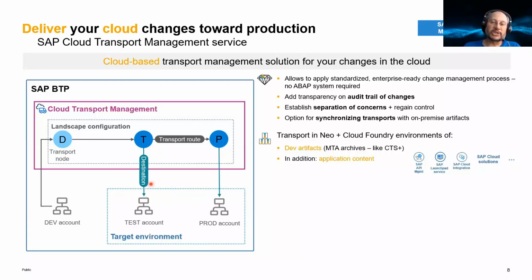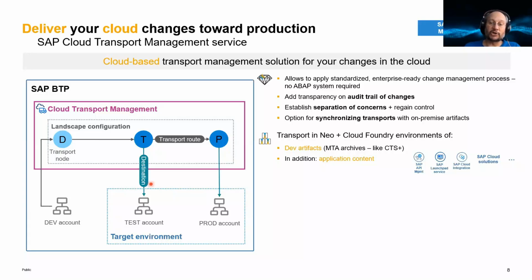We have the role concept, so that we can have a separation of concerns, not so relevant in our example here. And that's, I think, quite important. We have the option to synchronize transports between on-premise and cloud via the integration with Cloud ALM. And that's exactly the point we are focusing on today.